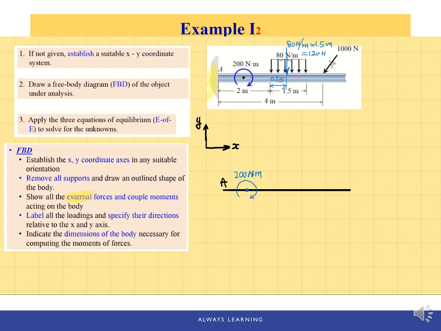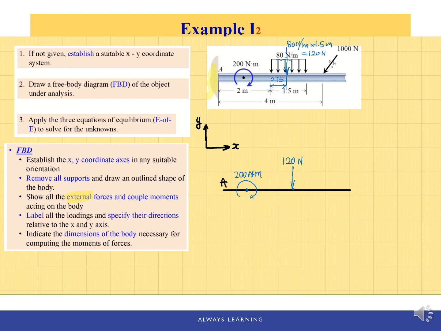So it's 0.25 here. All right, so I'm gonna just put this concentrated load on my free body diagram. So I have the simplified version of those forces. So its magnitude is 120 Newton pointing down in the negative y direction.